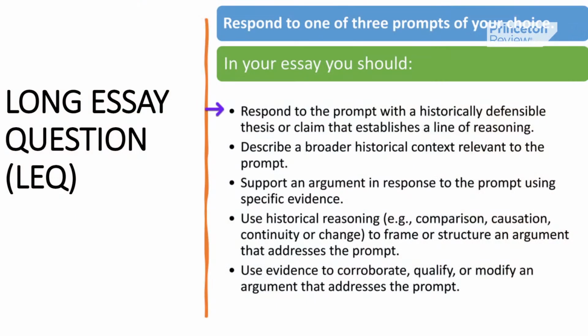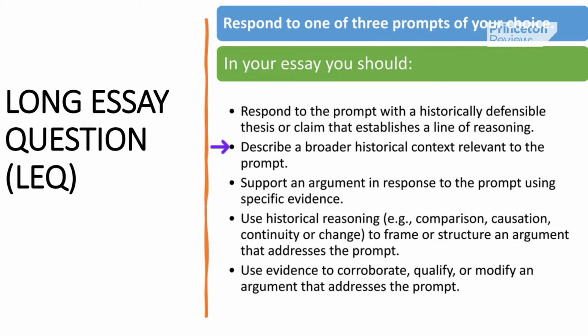So in this essay, we need to respond to the prompt with, again, a thesis. And a thesis is really just an opinion, a claim. Again, Manifest Destiny was based on economic interests, not idealism. That's an example of a thesis. Always show that you understand the broader historical context relevant to the prompt.